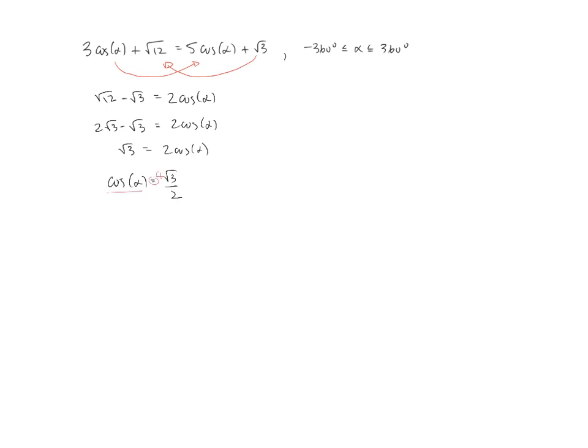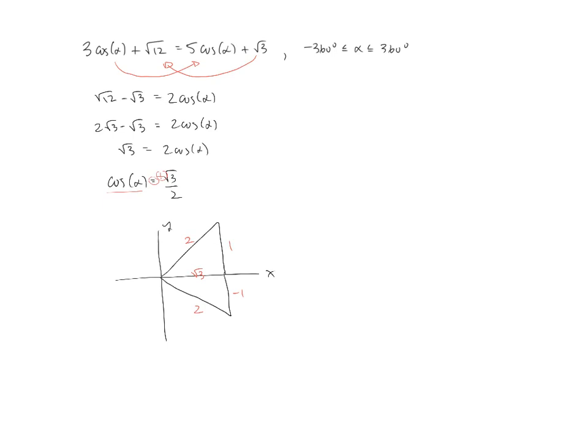Cosine is positive in quadrants 1 and 4. So there's one of our triangles, and there's the other one. Marking it, we've got a square root of 3, a 2, and then a -1 and a 2 on the bottom one. It looks like that suggests our reference angle is pi over 6 on both of these.